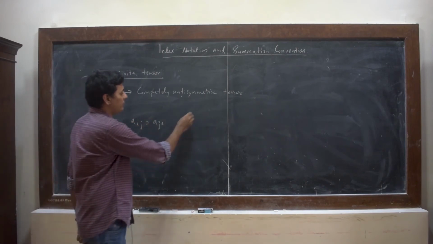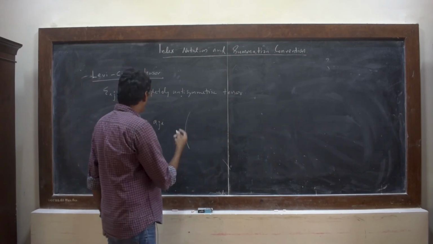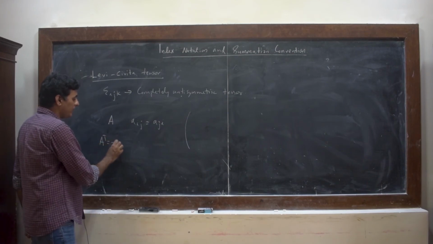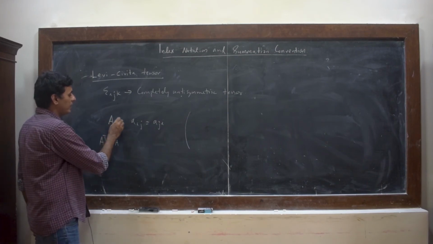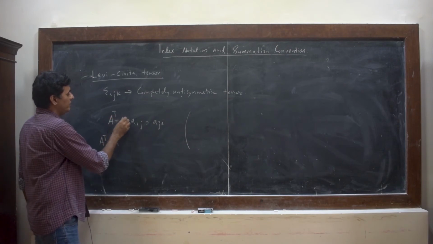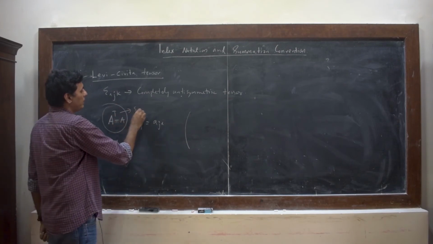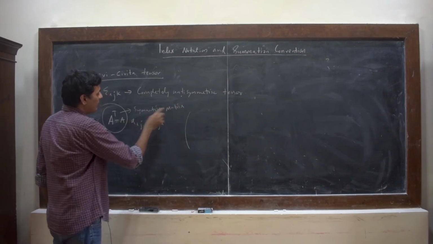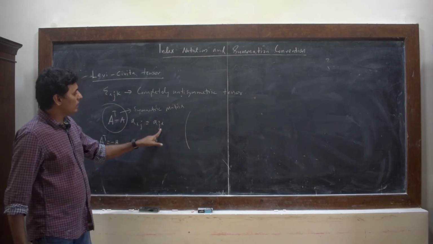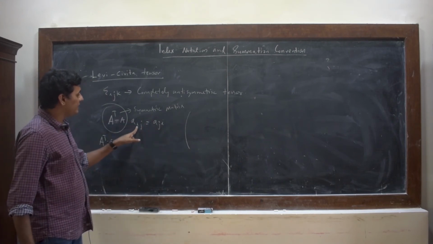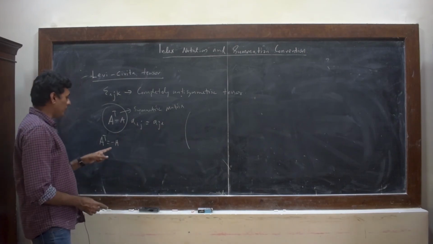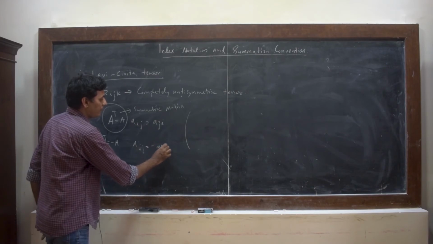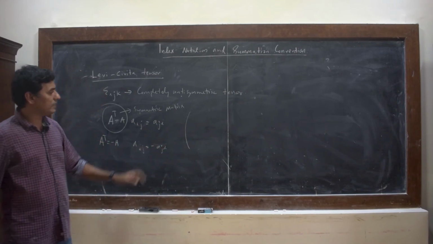That means if you have a matrix whose transpose is equal to, in the previous case for an antisymmetric matrix, A transpose is equal to minus A, and here for a symmetric matrix A transpose is equal to A itself. That is what it means. Or in the index language, for a symmetric matrix Aij is equal to Aji, or for an antisymmetric matrix it will be Aij equal to minus Aji.